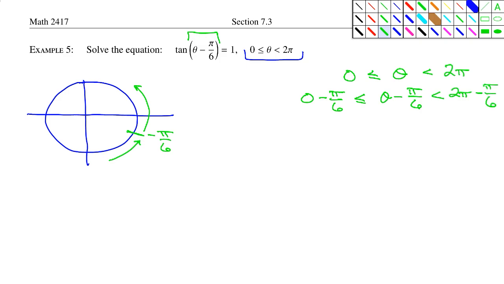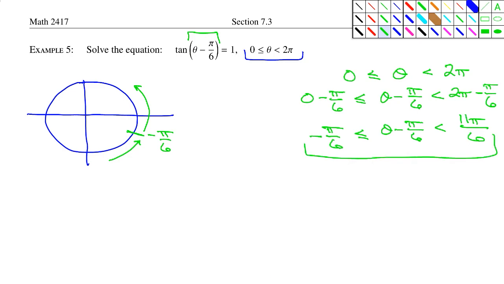And that leaves me with negative pi over 6 is less than or equal to theta minus pi over 6 is less than 11 pi over 6. And that's basically where I need to find the angle. From negative pi over 6 all the way over back to 11 pi over 6. Those represent the same point, obviously, but in terms of the interval for the angles, they are different.